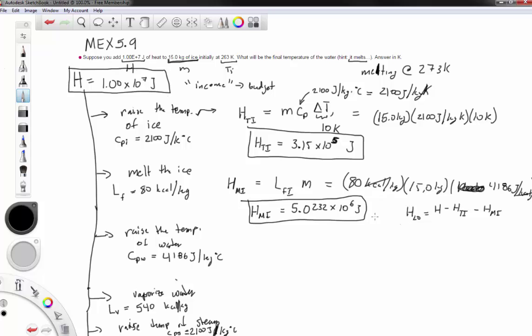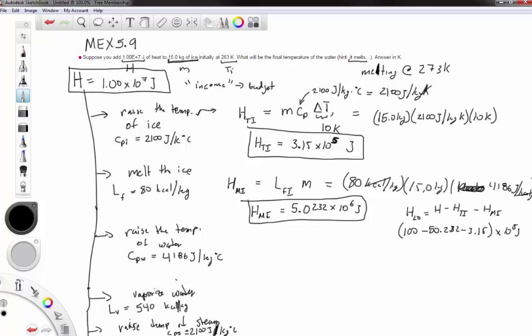So that is going to be 1 times 10 to the 7, or if we want to put everything in terms of 10 to the 5, we would have 100 minus 50.232 minus 3.15. And that's all times 10 to the 5 joules.